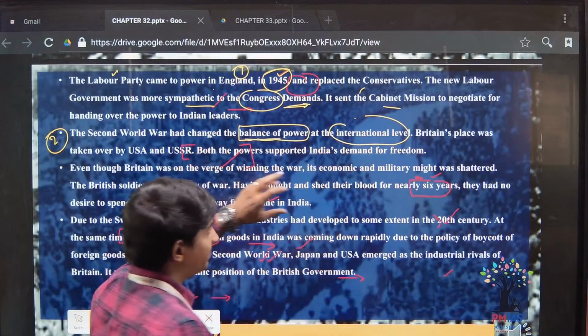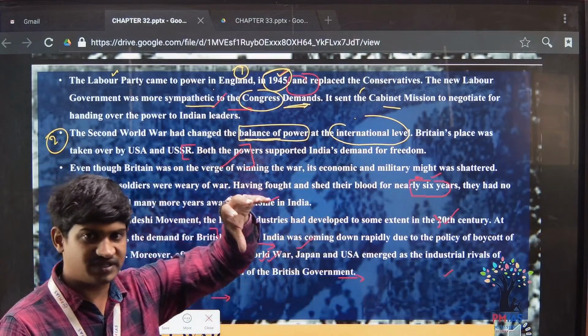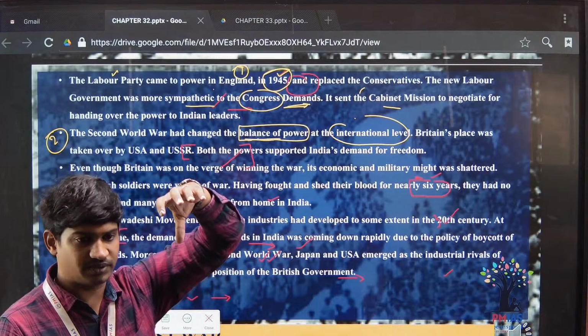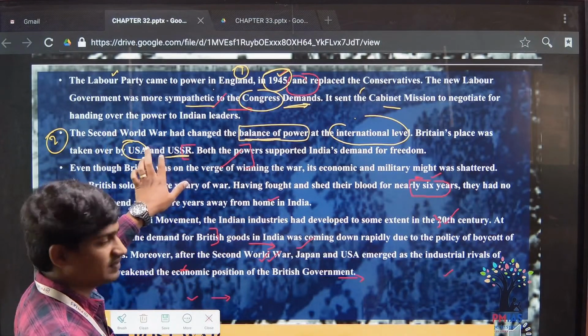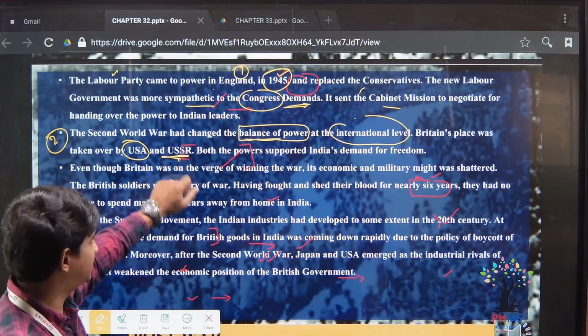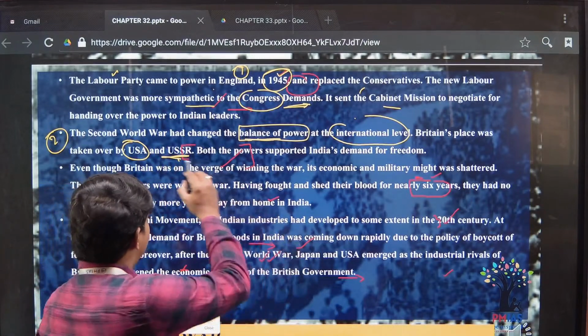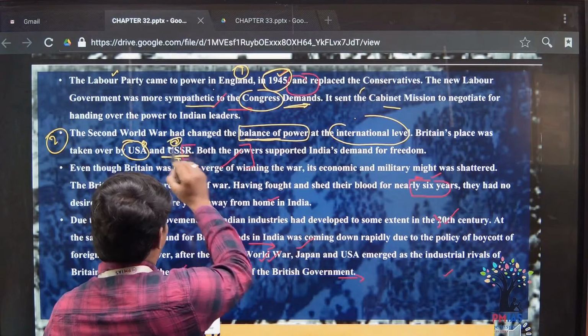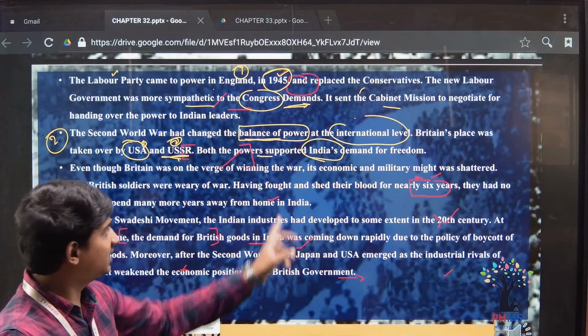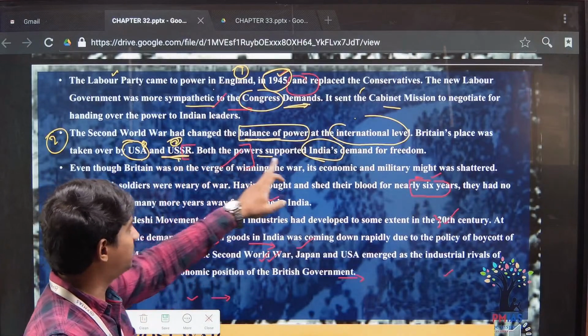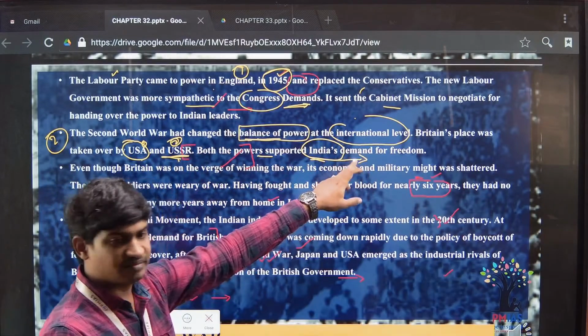Previously Britain was considered the superpower. Their position was taken over by the United States as well as the erstwhile USSR, Soviet Russia. Both these powers were friendly nations to India and supported India's demand for freedom.